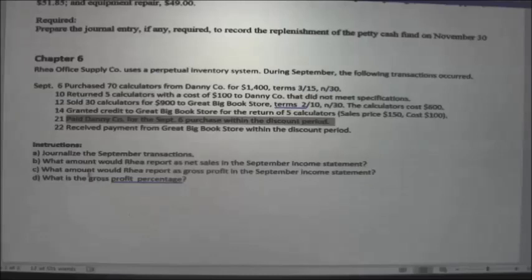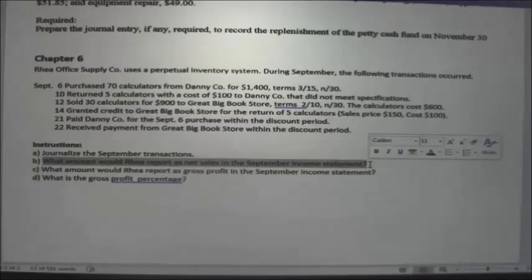Okay? So we're going to say, what amount would RIA report as net sales? How do you calculate net sales? No, sir. How do we calculate net sales? Sales revenue minus our sales returns and allowances and our sales discounts. That is your total sales. I sold it for $900, but I gave you a return for $150, and I gave you a discount of $15.